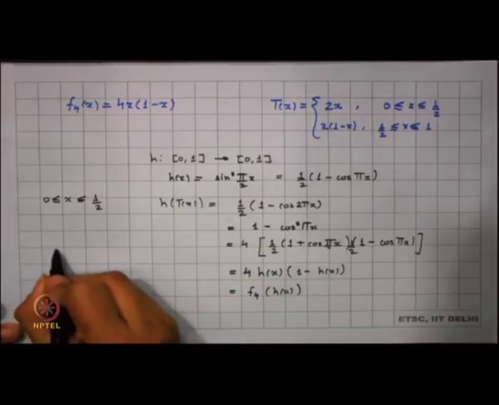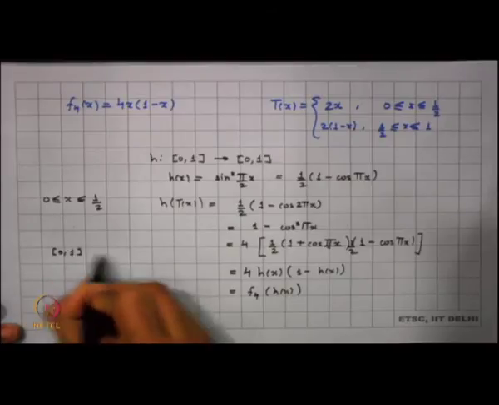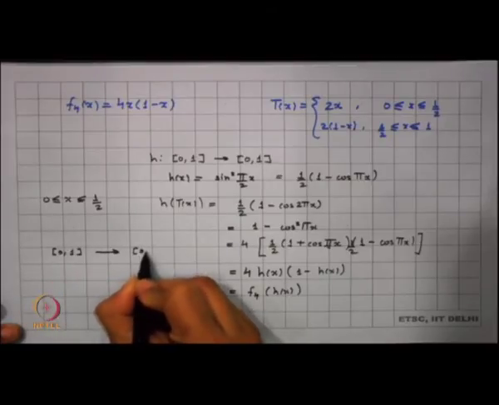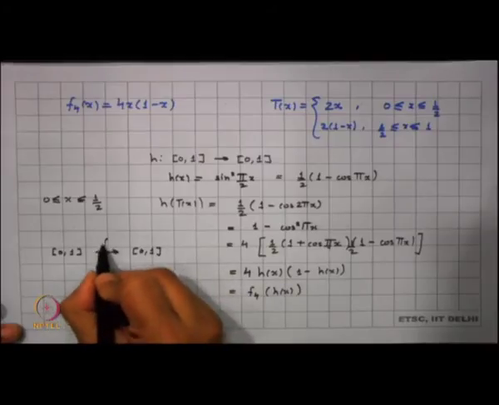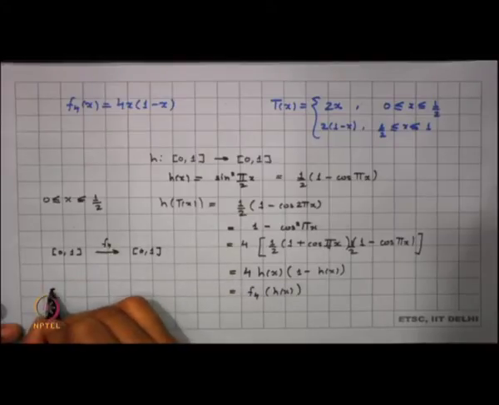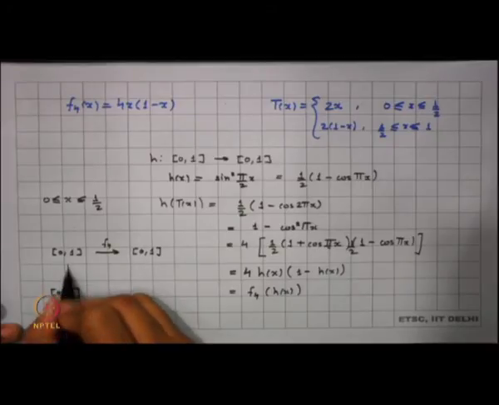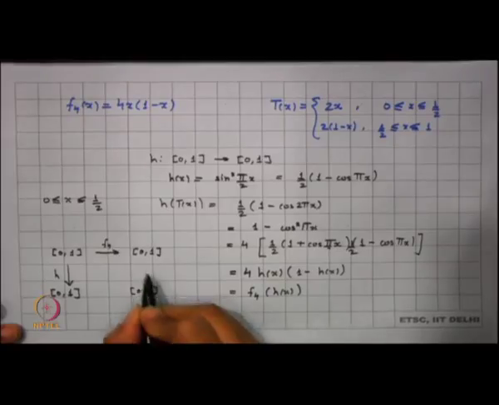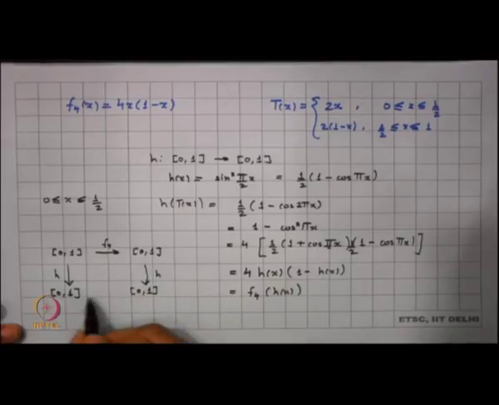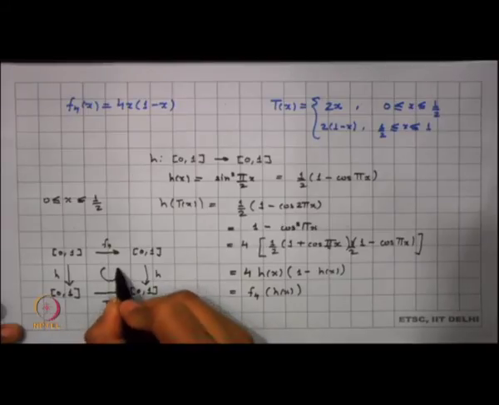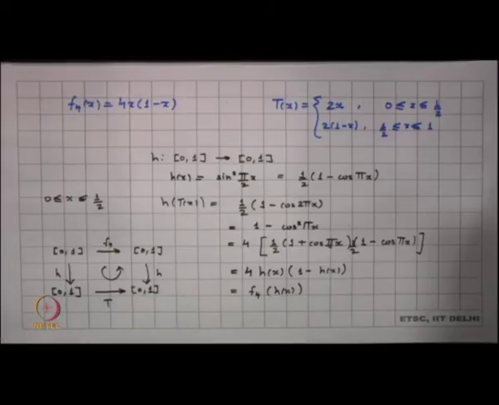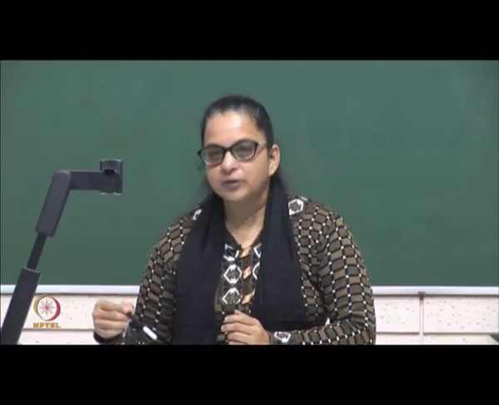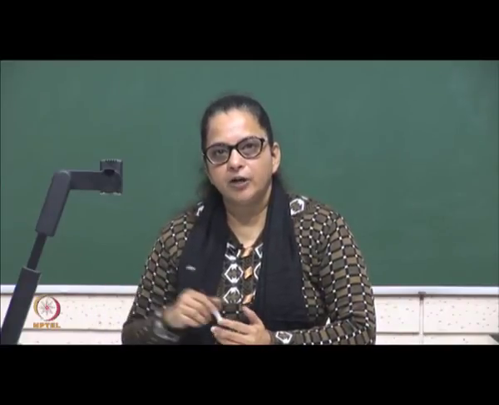So what we find here is that f4 takes the interval 0 1 to 0 1, my h takes 0 1 to 0 1, and I have my tent map T taking 0 1 to 0 1. This diagram commutes, and hence we can say that the dynamics of the tent map is the same as the dynamics of the logistic function when alpha equals 4.